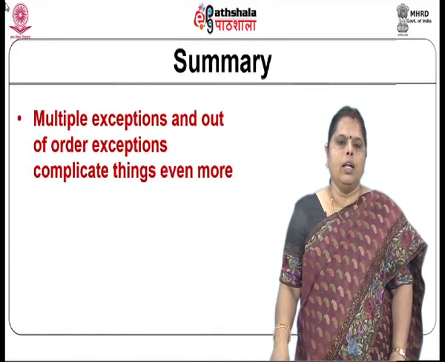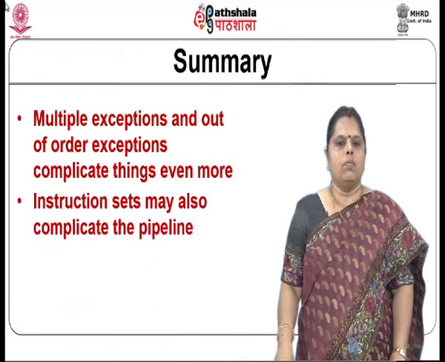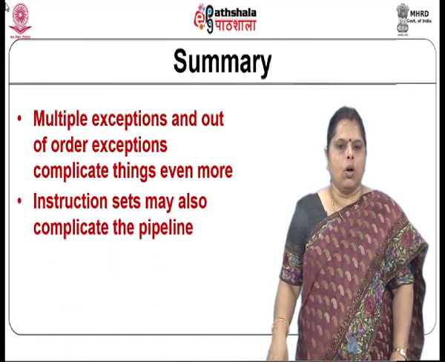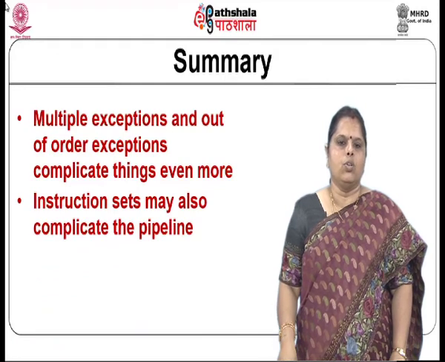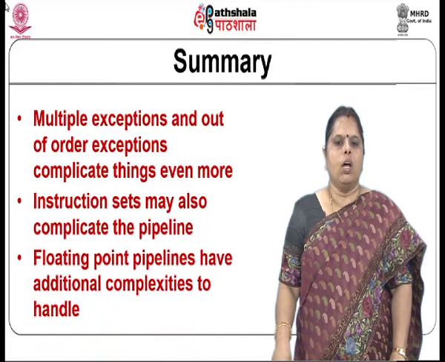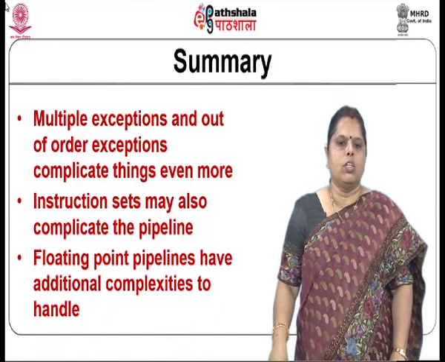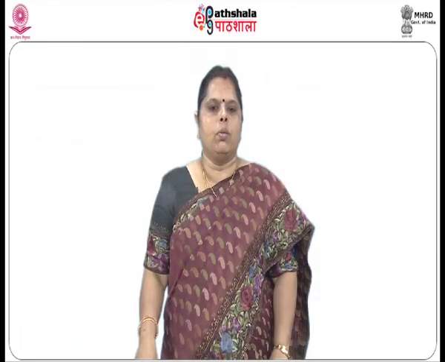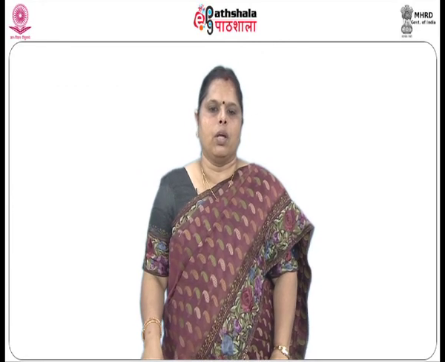And adding to the complexity of a single exception, you may also have multiple exceptions and out of order exceptions arising in the pipeline, and you may also have instruction sets with complex addressing modes and condition codes which will complicate the pipeline. Last of all, we also have floating point pipelines which you cannot dispense with, but they add more complications to the pipeline, and all these complications will have to be appropriately handled.